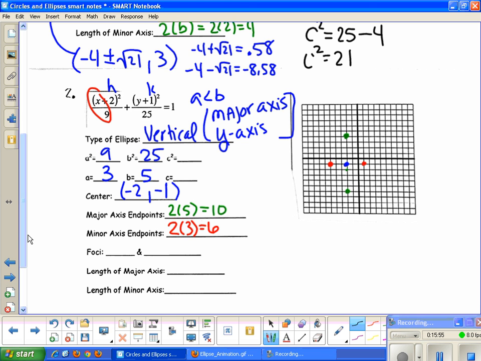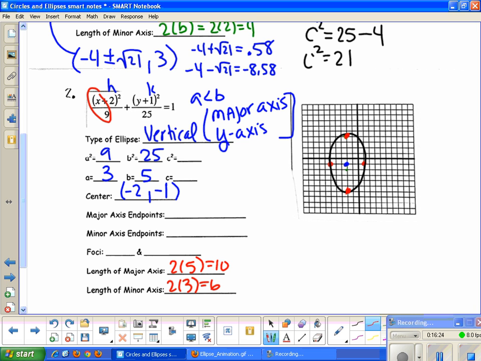So I can now draw my ellipse. And again, an ellipse is just an elongated circle, if I didn't say that before. Oh, those are the endpoints. I didn't realize I wrote that in the wrong space. So this should have been 2 times 5, which is 10, and this is 2 times 3, which is 6. So I'll just erase that. Now I can write down the major axis endpoints, which would be here and here.